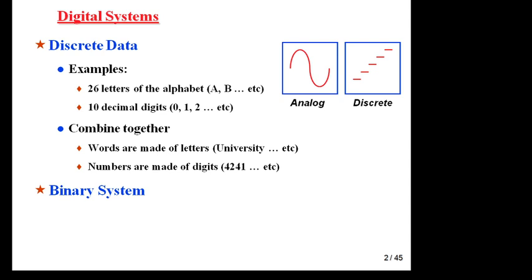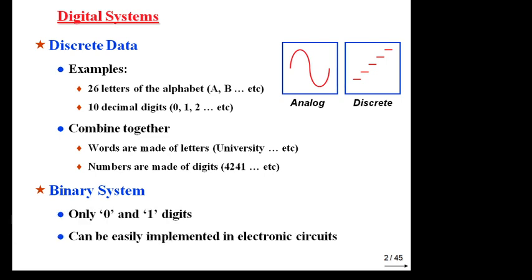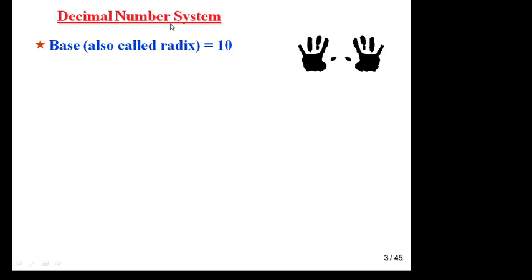So it is very important from your computer processing point of view. In binary number system there are only two digits, 0 and 1, and it can be easily implemented in any electronic circuit. Next, decimal number system, where total digits are 10.